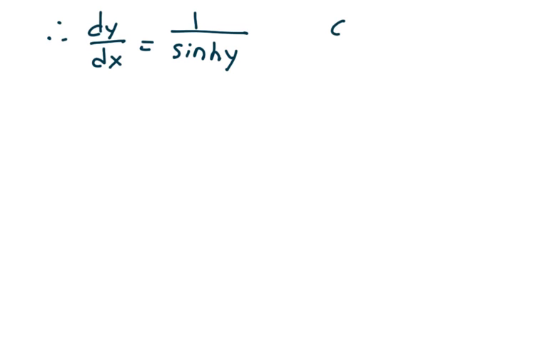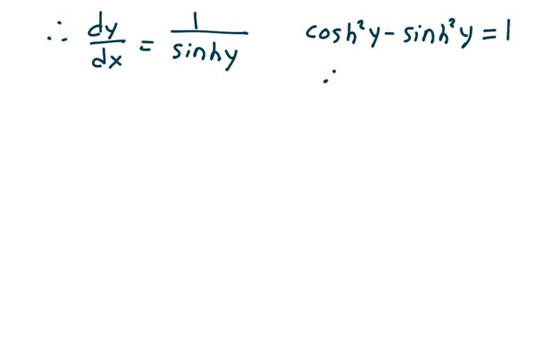So therefore, dy dx is 1 over hyperbolic sine of y. Now, hyperbolic cosine squared of y, so let's write that down. Hyperbolic cosine squared y minus hyperbolic sine squared y is 1.